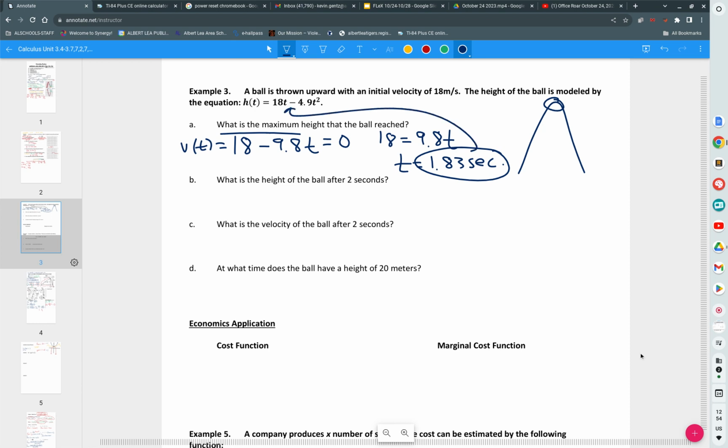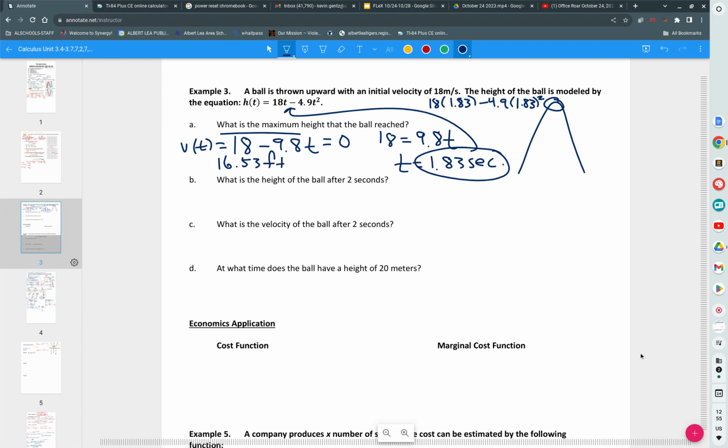So I take 18 times 1.83 minus 4.9 times 1.83 squared. Can somebody give me an answer there? 16.53 feet.